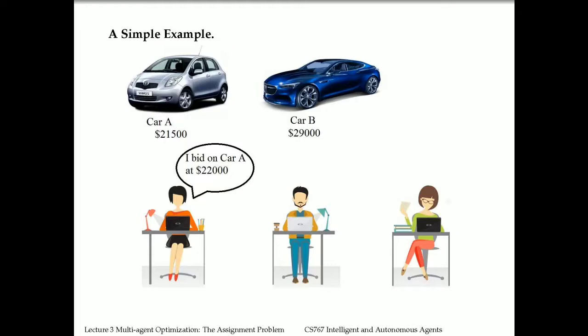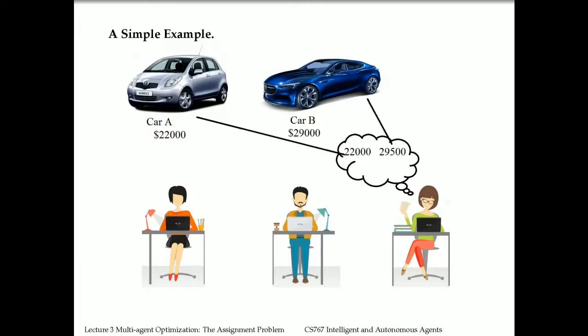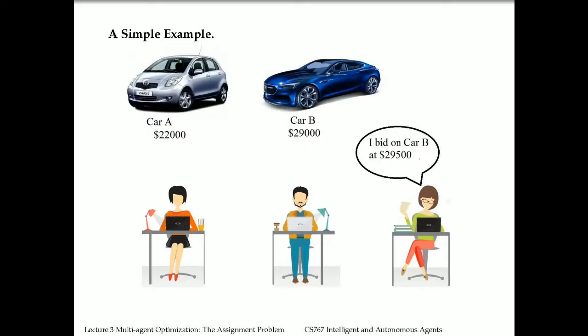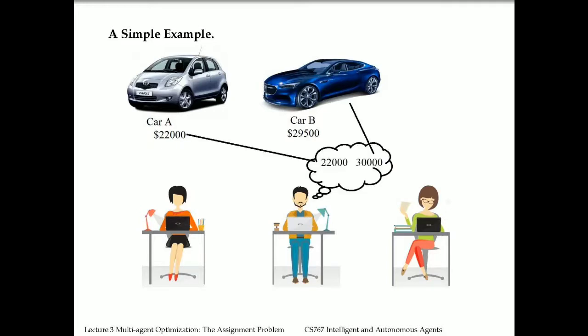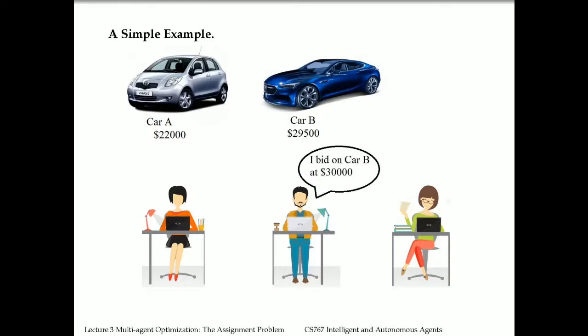And at that moment, the third person will look at the situation thinking, well, car B is still okay for me to bid at $29,500, and the second person is still happy to pay more for car B, and he would just increase to the maximum amount, which is $30,000.